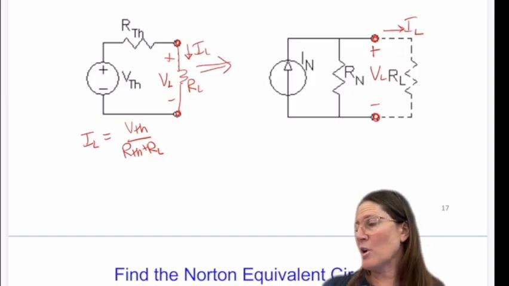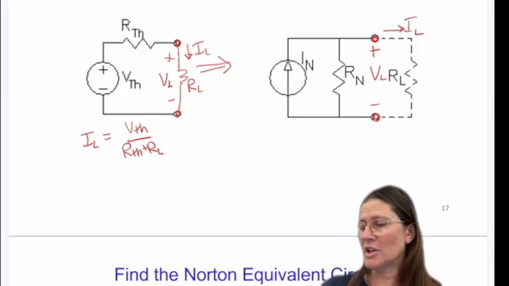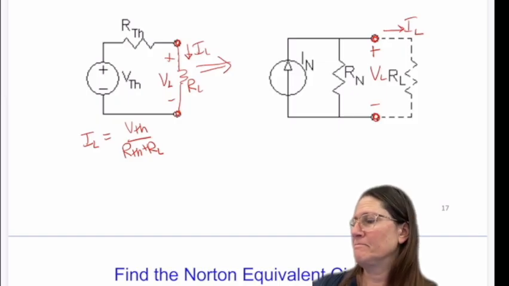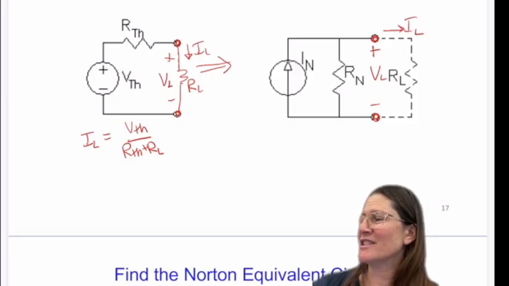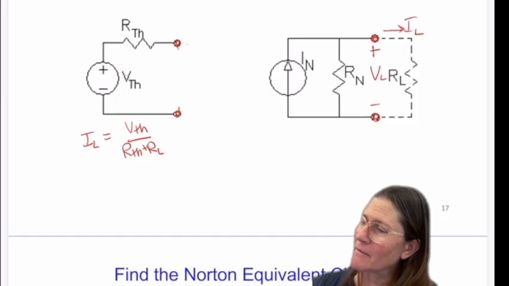And so here we want the same. In order for IL to be VTH over RTH plus RL, how do we make that happen? It's hard to see, so I'm going to try and make it easier by removing these.